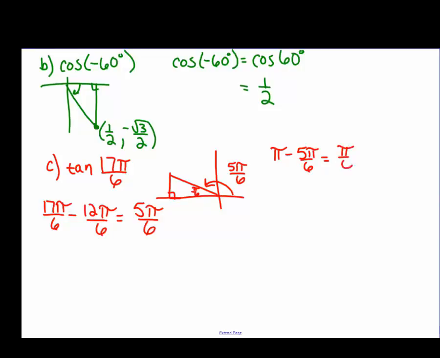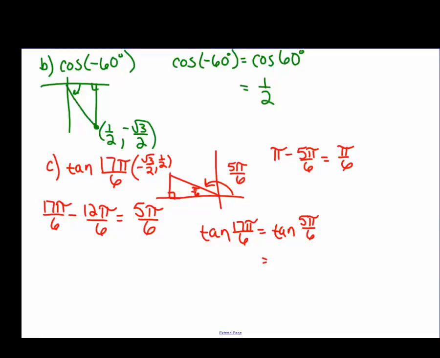Okay, so we know that the side opposite pi over 6, that's our y value, is going to be 1/2 because it's the smaller side. And then the x value has got to be the square root of 3 over 2. But because we're in the 2nd quadrant, it's going to be negative. Okay, so we want to find the tangent of 17 pi over 6, and that's going to be the same thing as the tangent of 5 pi over 6.